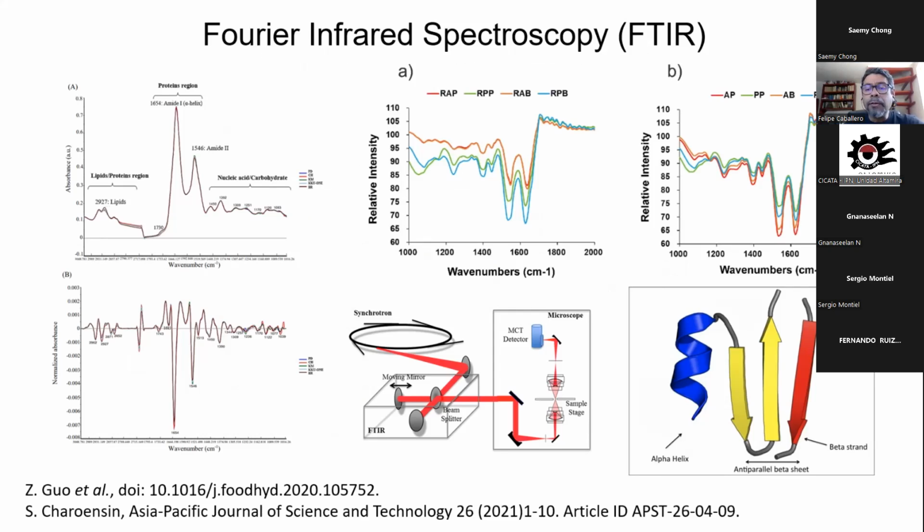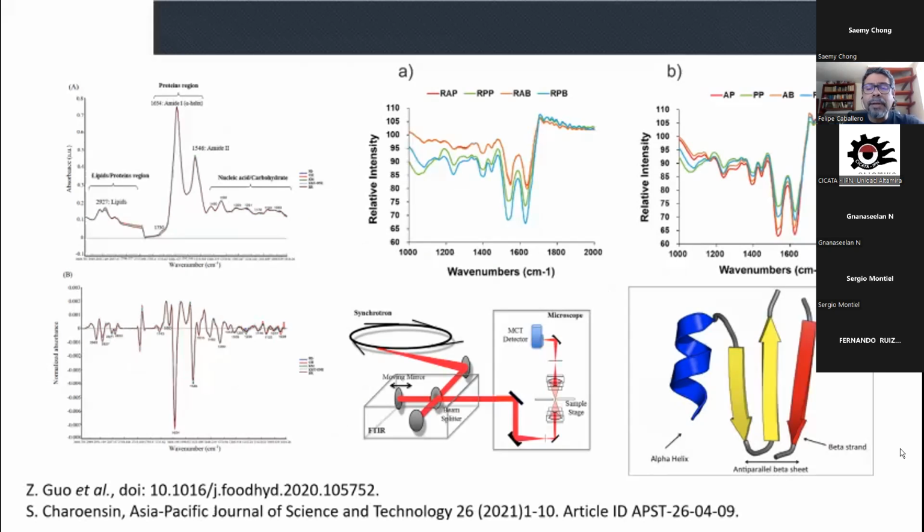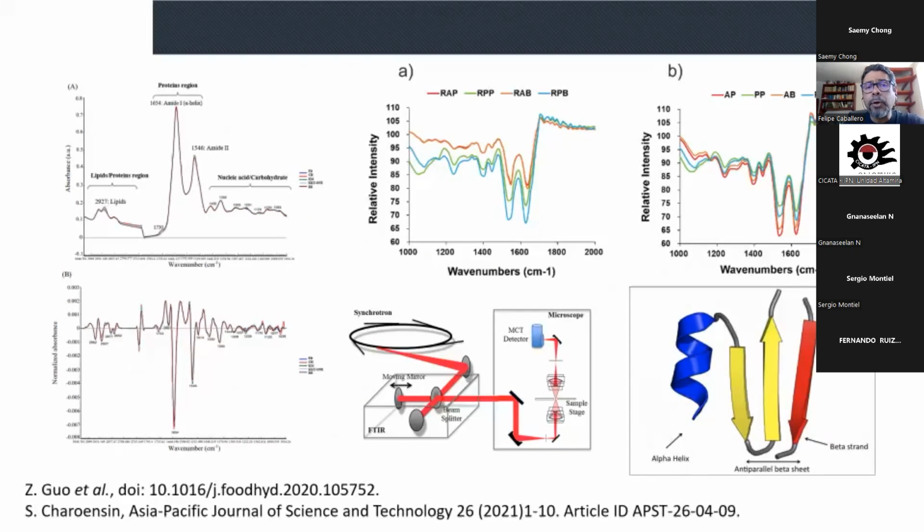One of the techniques that is very interesting for studying plant-based analogs is Fourier infrared spectroscopy. In the Fourier infrared spectroscopy at a synchrotron, the light comes from the synchrotron, as I mentioned. The light comes in through the mirrors, goes to a beam splitter, and then into the sample.